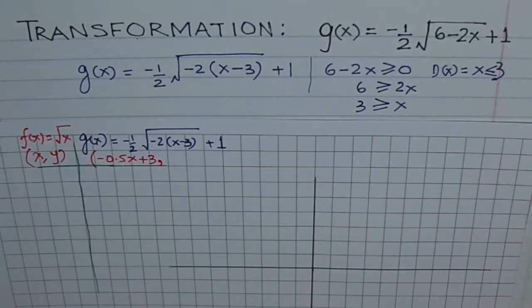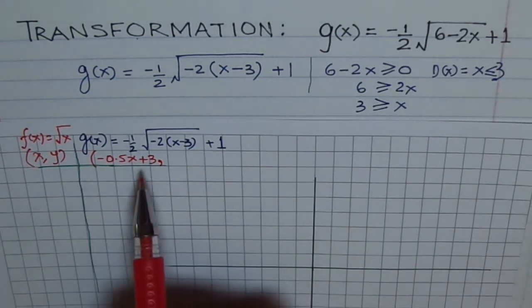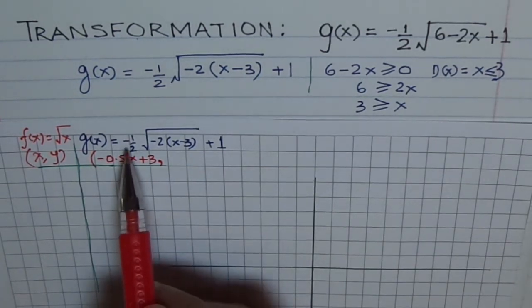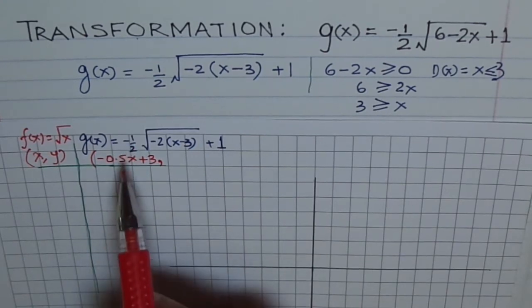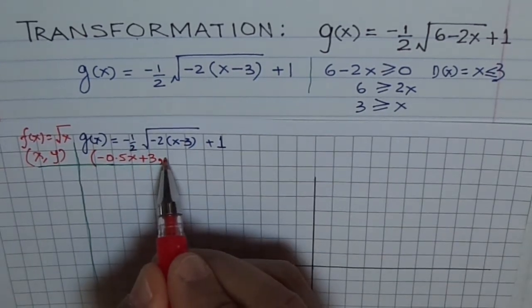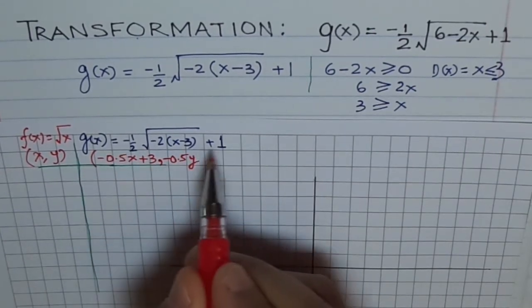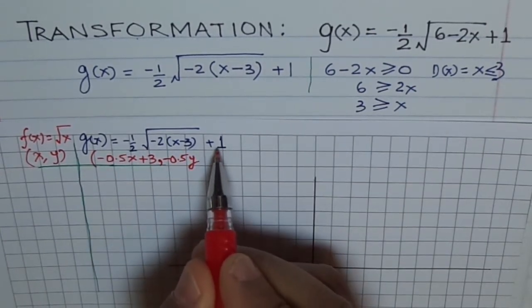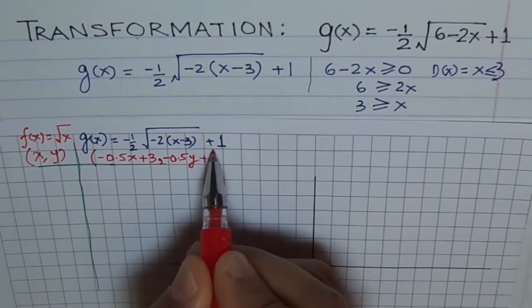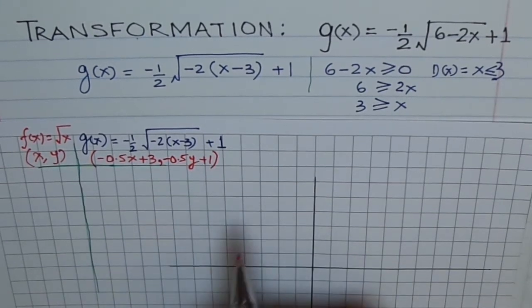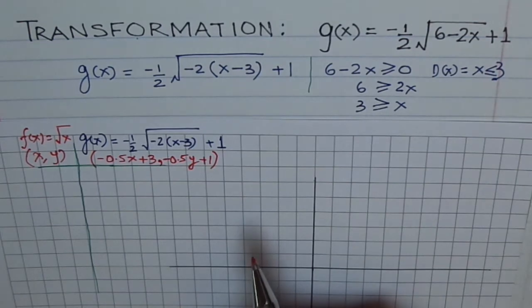So that becomes our new or transformed x coordinate. How about the y coordinate? The y coordinate gets multiplied by a factor of minus half. Correct? So we write minus 0.5 y. It only affects y, not x. Plus 1. So that gives the new point for our y. Is that okay? Yes.